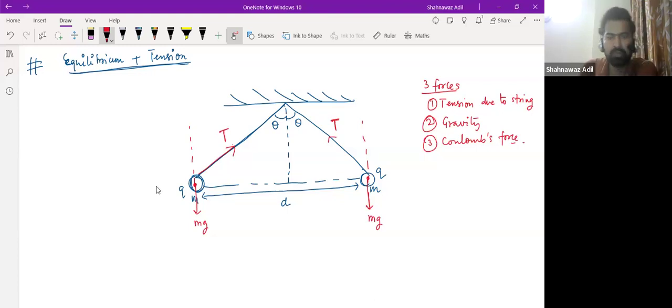No, I'm asking what would be the direction of the Coulomb force? Where would be the Coulomb force?